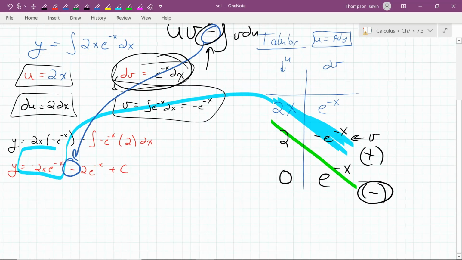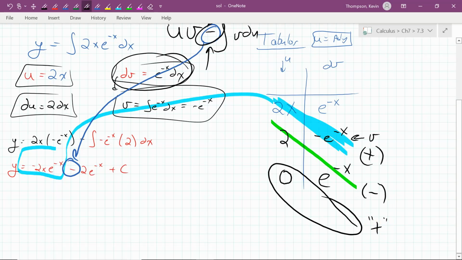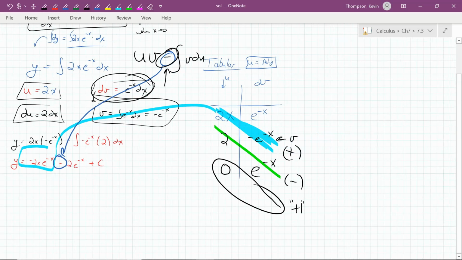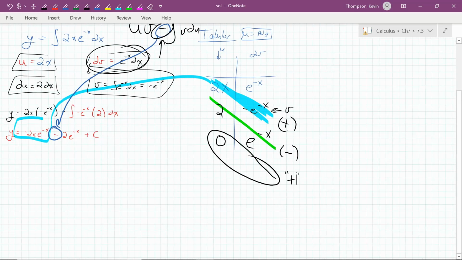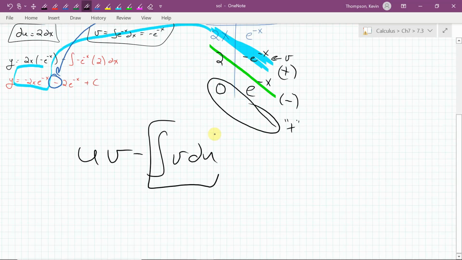Now, if this went on one more step, you would take the next diagonal product, but it would have a plus sign associated with it. You're going to add that term. Here's why that should be alternating. If I say uv minus the integral of v du, but that part I have to do the step again, think about what I would write.